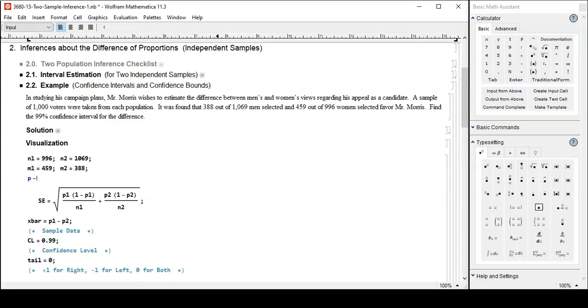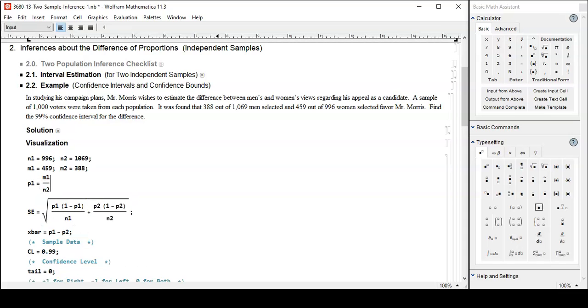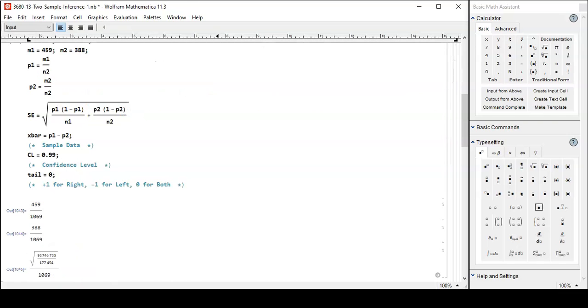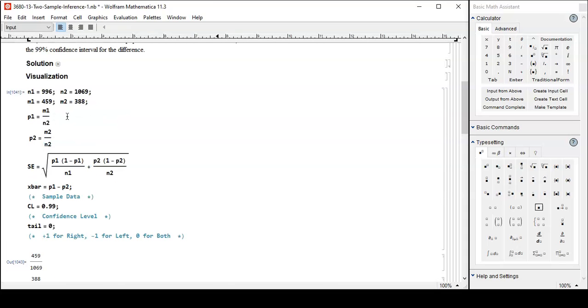And then P1 is M1 over N1, P2 is M2 over N2. And I wonder what those values are. So let me uncomment those. All right, there you go.